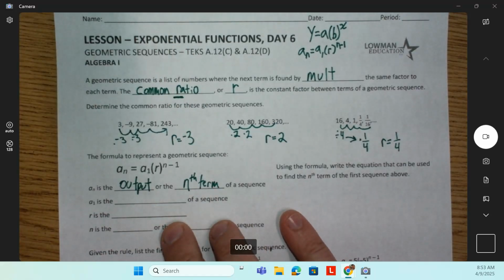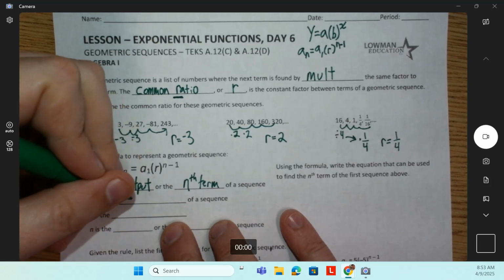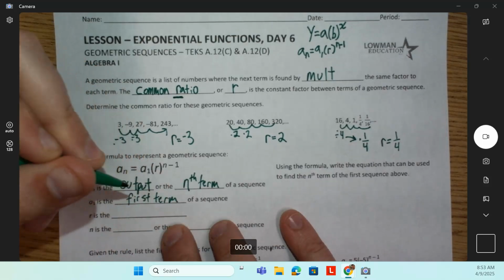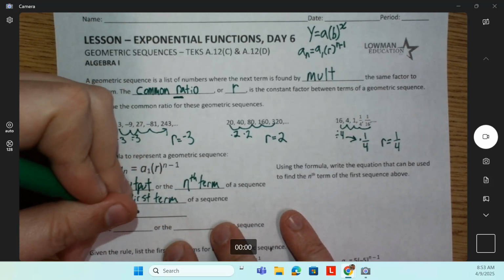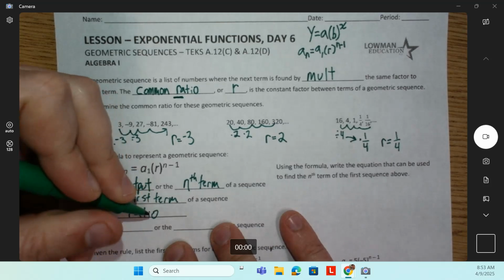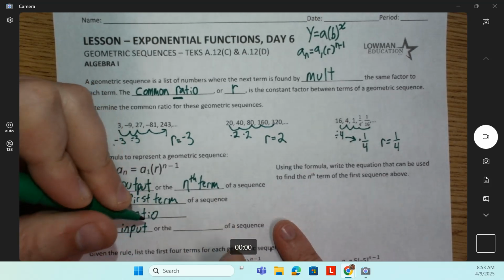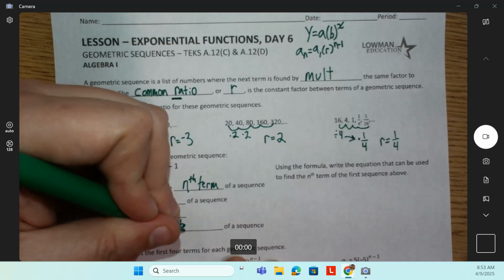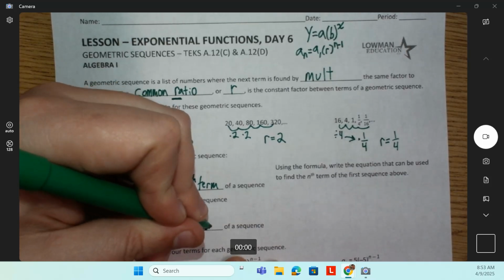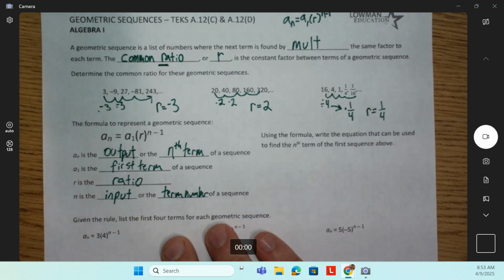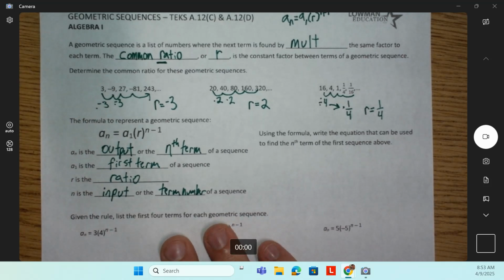If it says, what's the 7th term for this, you'd put a 7 in for n. a_1 is the first term. r, of course, we said is the ratio. And then n would be our input, just like our x. So input, or the term number of the sequence.